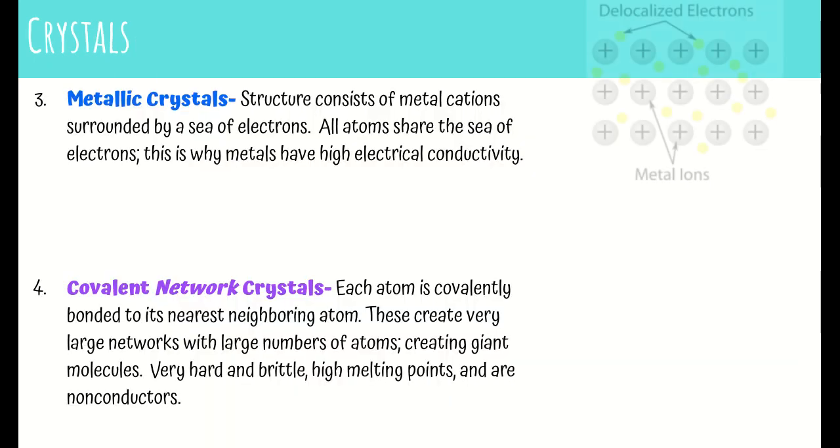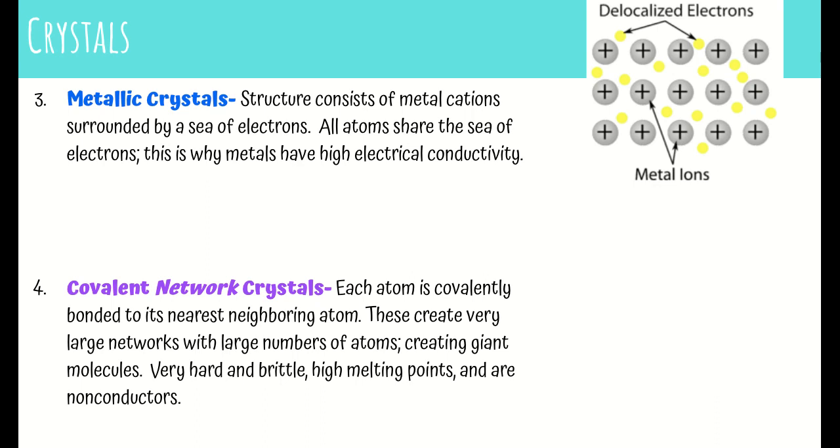The last thing to talk about is going to be metallic crystals and covalent network crystals. So metallic crystals are going to be crystal structures that are only made of metals. And we touched on this last semester when we were talking about ionic versus covalent and metallic, right? So with these, we know that a metallic bond is an interesting type of bond, because all of the electrons become delocalized and they just kind of move around.